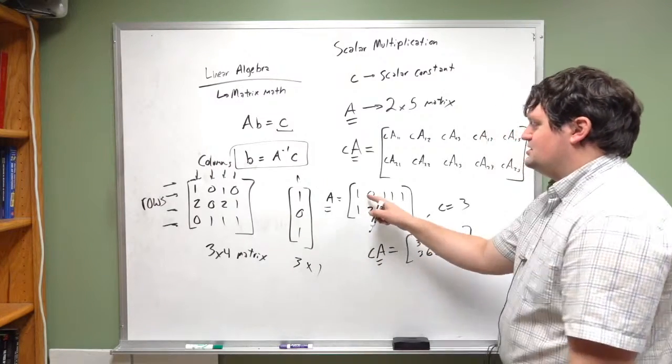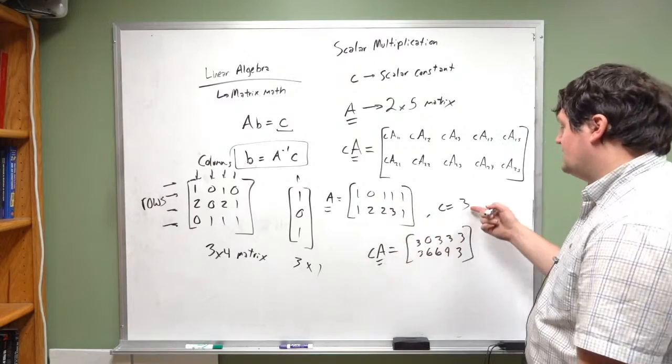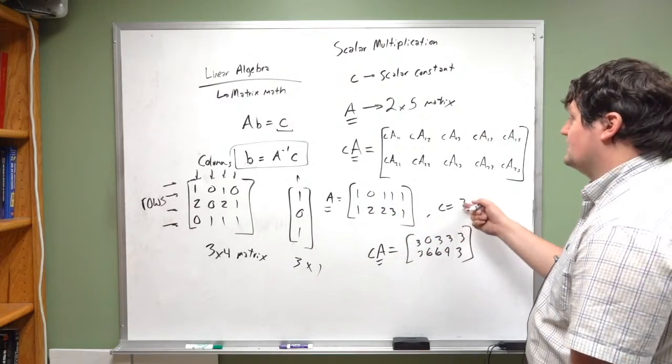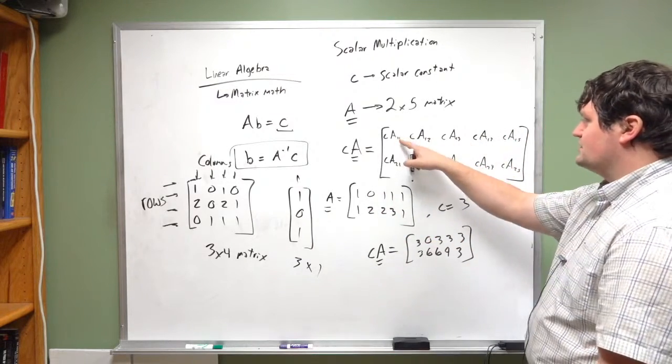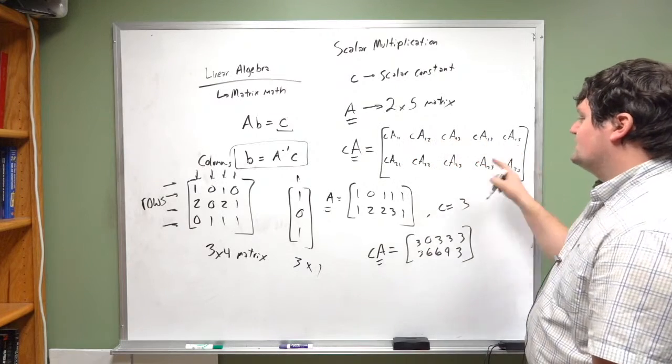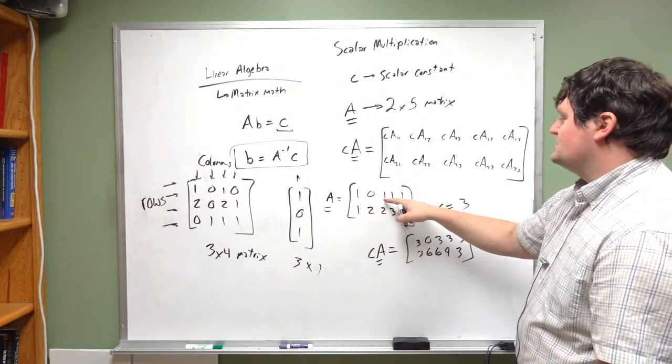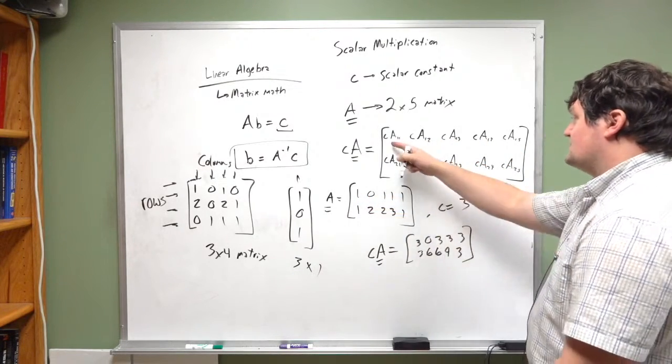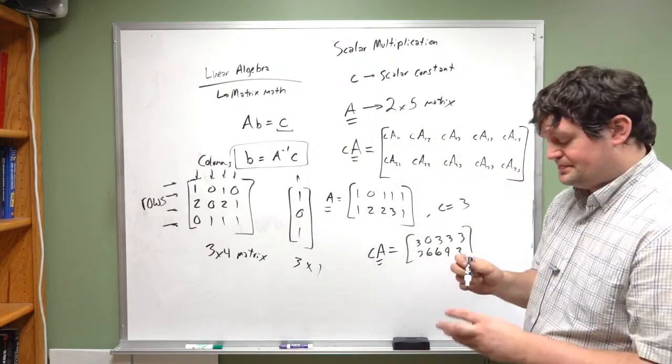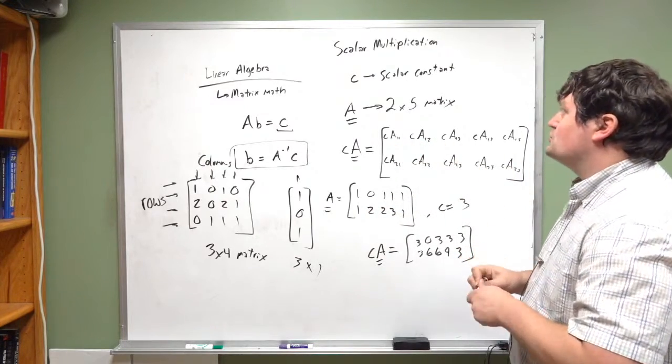Each individual value is multiplied by this single scalar C, and that's what this shows. Every single value in the matrix, where this is A11, this is A12, etc., gets multiplied by C. So that's scalar multiplication.